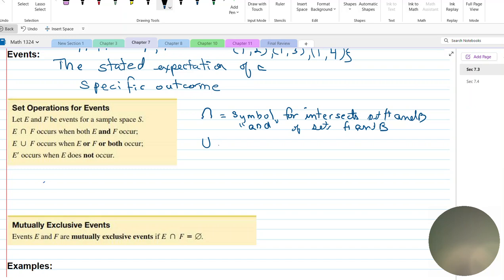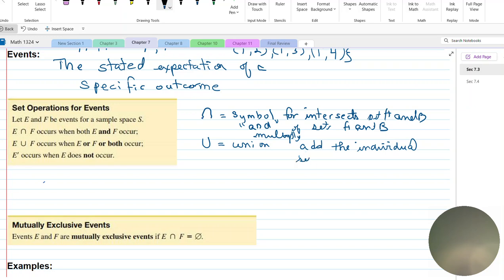This one here in Venn diagram form says union. So that means that we add. In the and, we multiply. In the union, we add the individual occurrences.